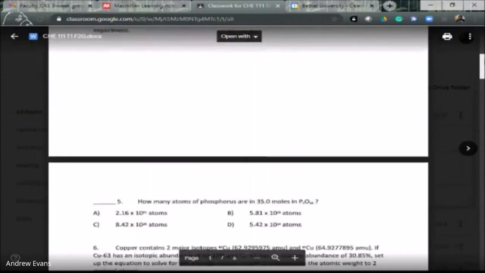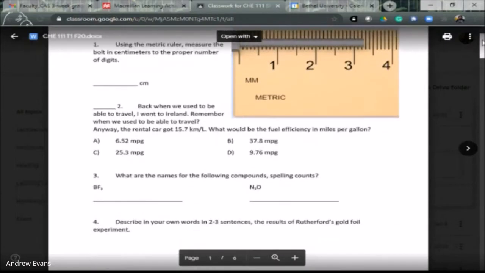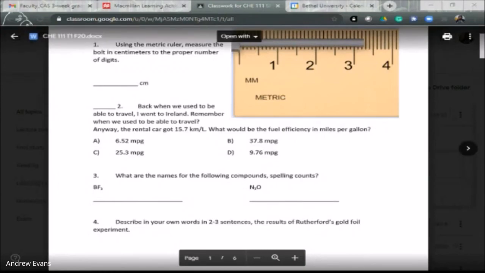The conversion factors are all 4 or more, meaning that the first number I gave you is the number that controls everything else. So 37.8 is the correct answer.